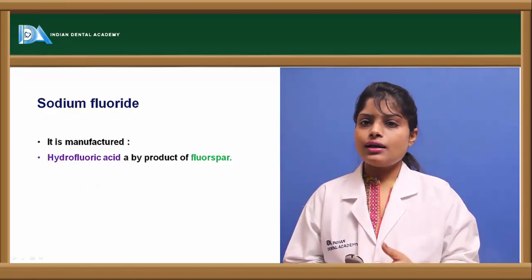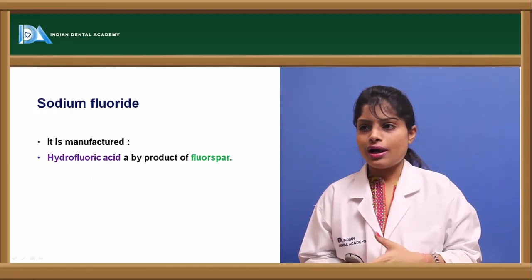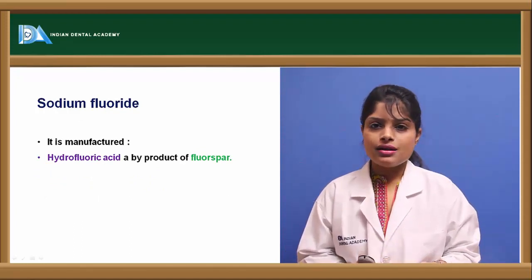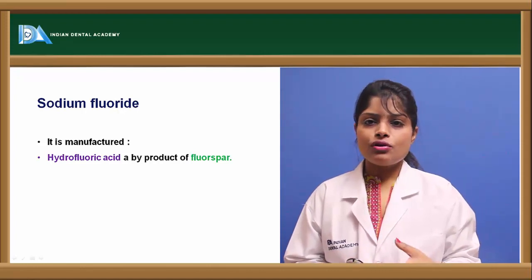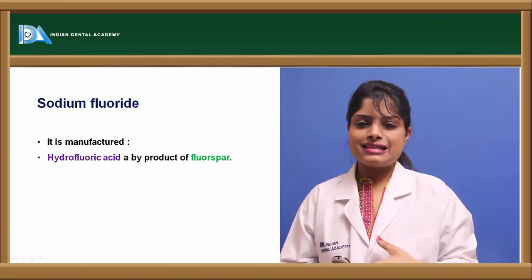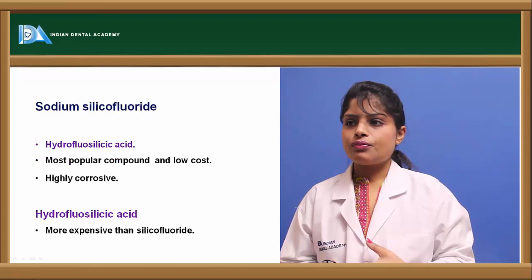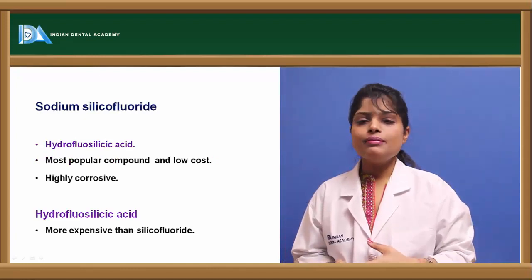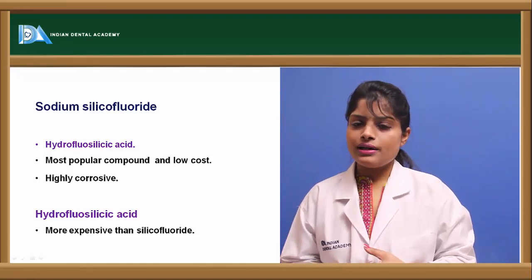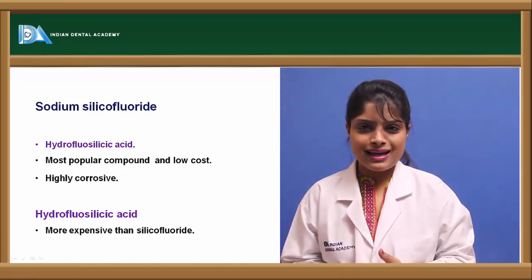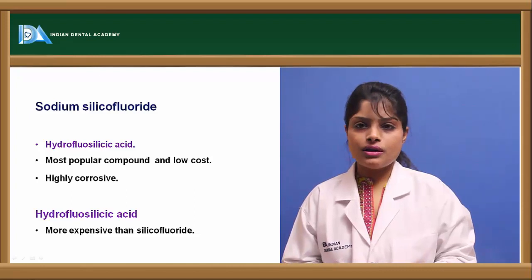Now coming to another compound, which is sodium fluoride. Sodium fluoride is a product of fluorspar, and it is a byproduct of hydrofluorosilicic acid. The sodium silicofluoride is also incorporated in hydrofluorosilicic acid. It is the most popular compound.